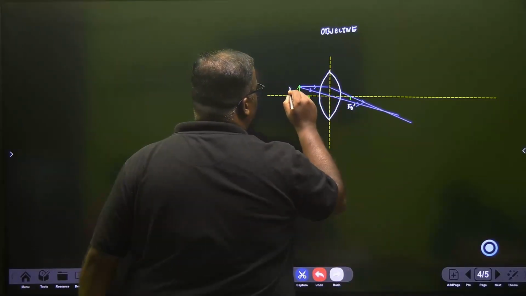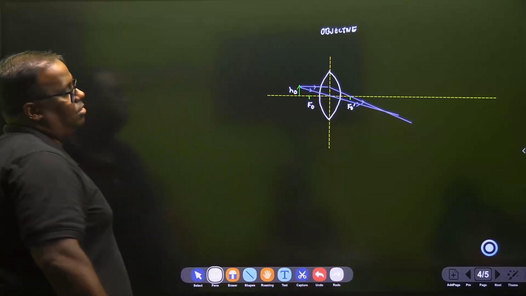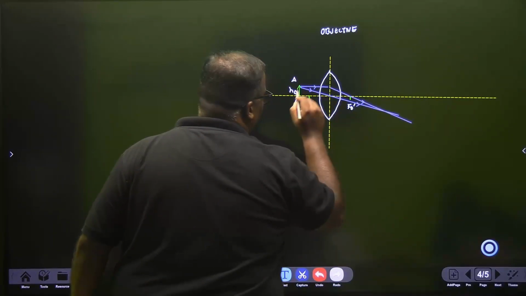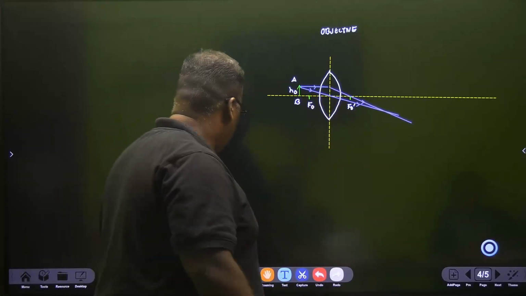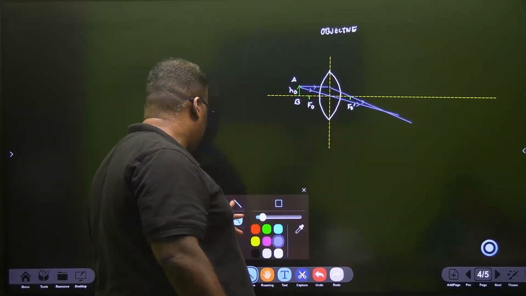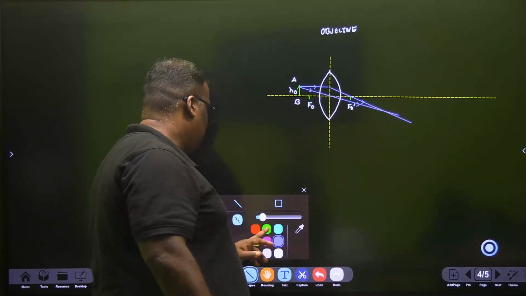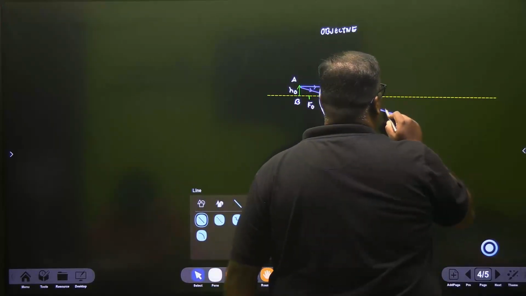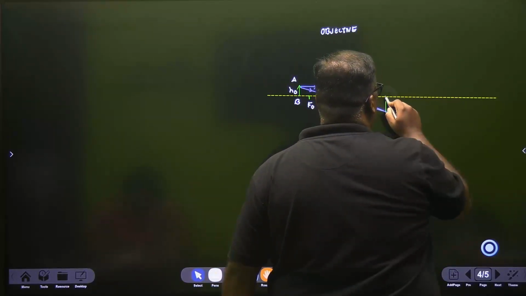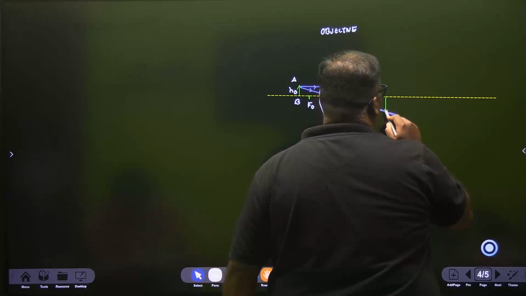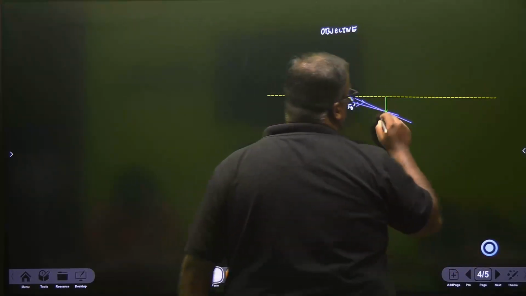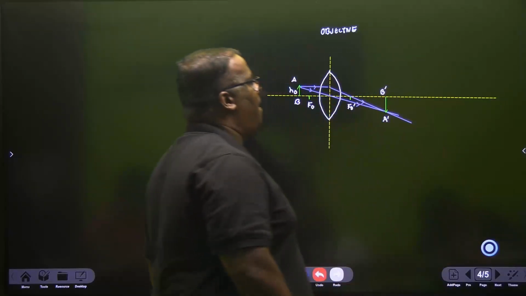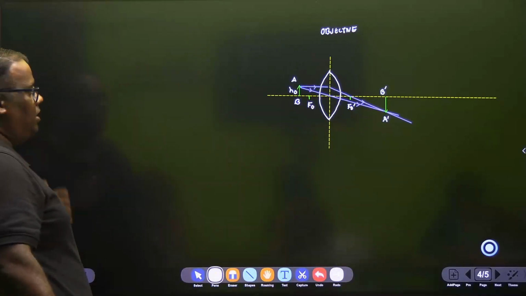Fine. This is height of the object HO. And let my object be classified with AB as its credentials. So I will create a real, inverted and larger than object image, the magnified. Very good. So this would be my image, and my image credential now will be A dash, B dash. Right?